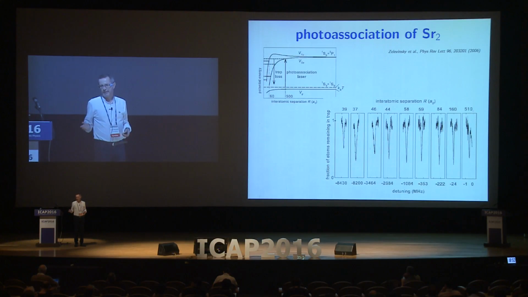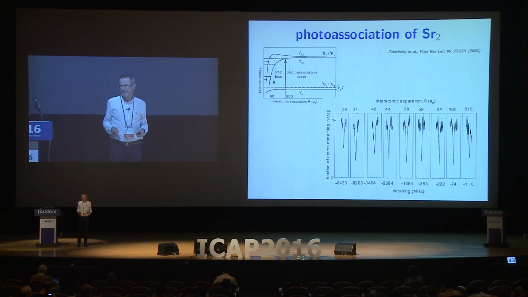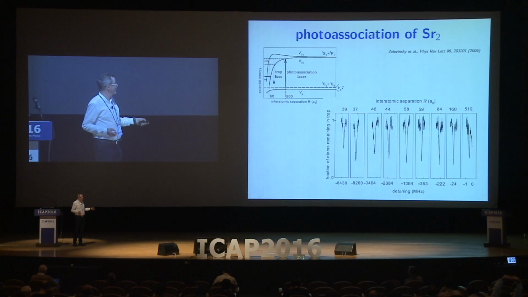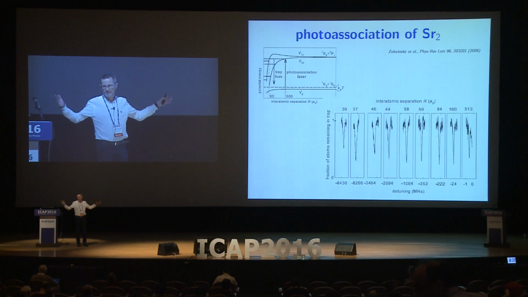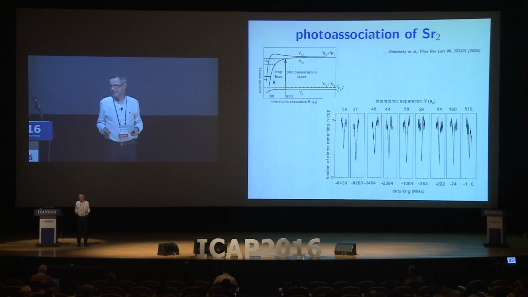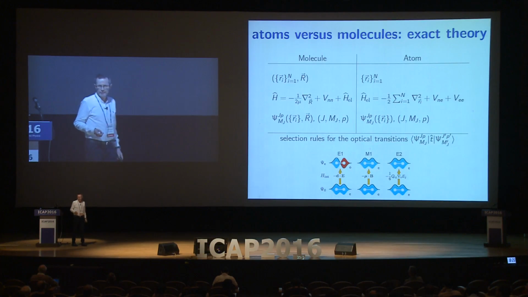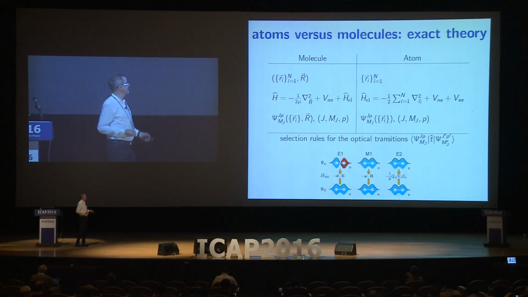In typical hydrocarbons, it's about 2 Bohr. So this is quite an atypical chemical bond. And one may ask whether this is still a molecule or just a loosely bound pair of atoms.